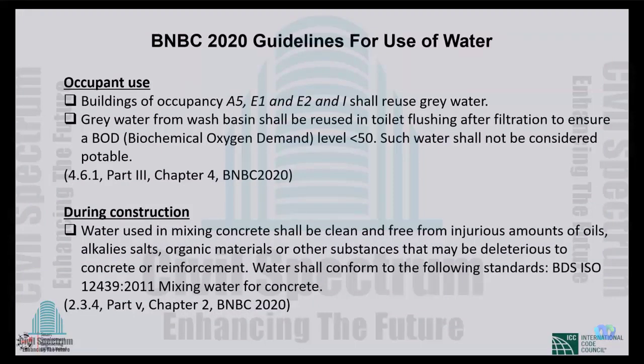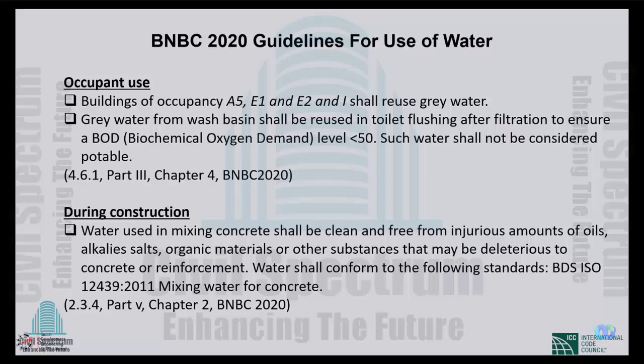And next, BNBC 2020 guidelines for use of water. They talk about two types of water: the water we use and the water we use during construction. The water we use needs to have a BOD less than 50 after flushing, to ensure that it's clean for disposal to the sewage systems.